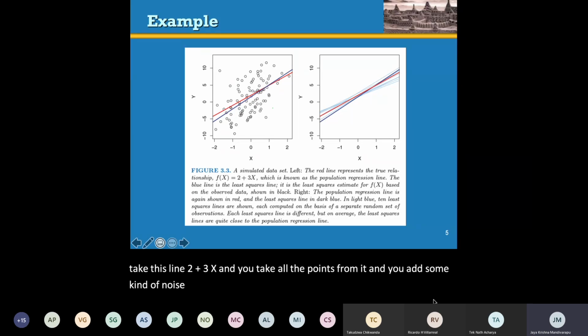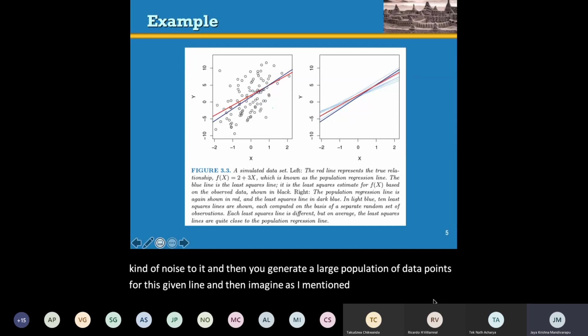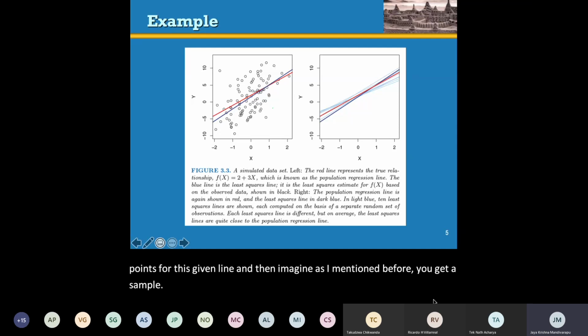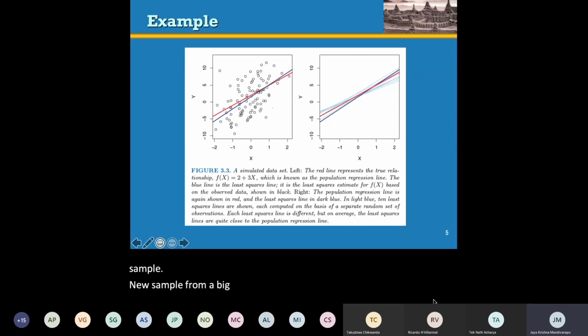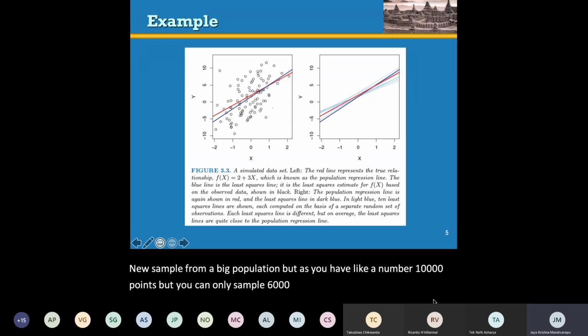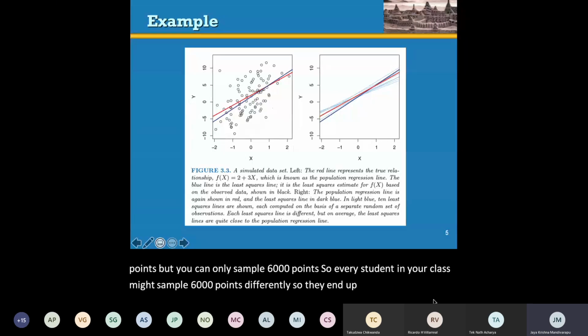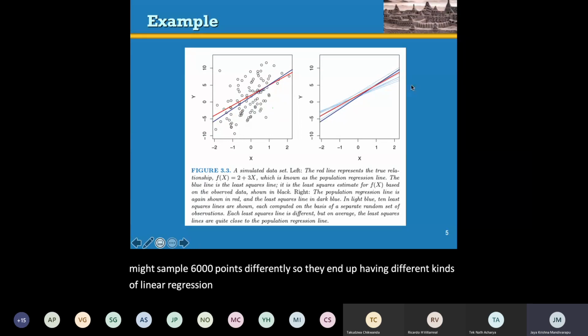Then you generate a large population of data points for this given line, and then, as I mentioned before, you get a sample. You sample from a big population: you have n, say 10,000 points, but you can only sample, say, 6,000 points. So every student in your class might sample 6,000 points differently, so they end up with different linear regression lines, as shown on the right side.